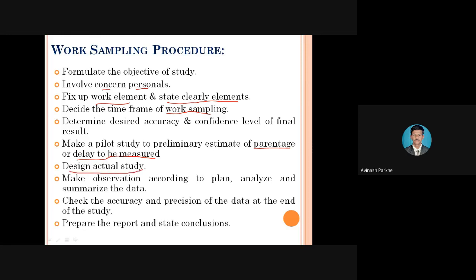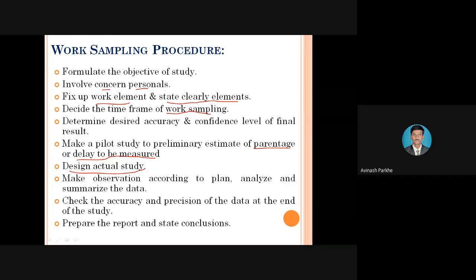Then design the actual study. In this step, we have to go for some modifications. Up to this pilot study, the number of observations are made. After these observations, it may be decided that a large amount of delay and a large amount of error is taking place.